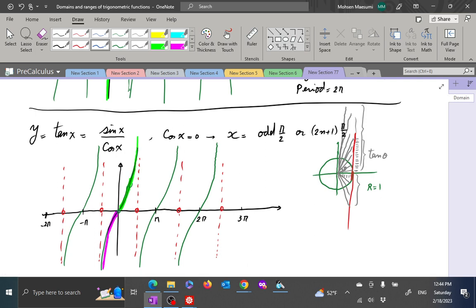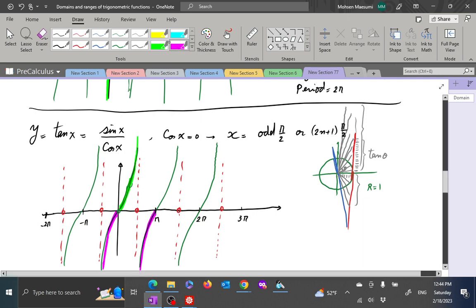So if I am past pi over 2 or past 90 degrees, whatever value I had at the negative angles is going to repeat itself, and that makes the period of tangent half of what we expected it to be.